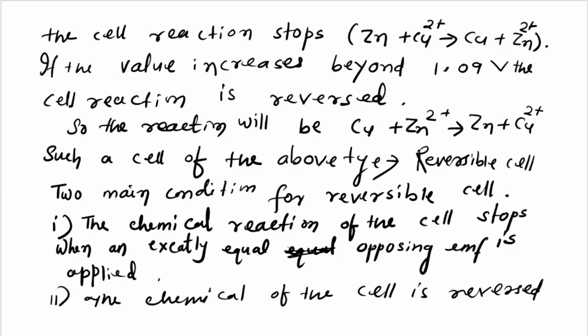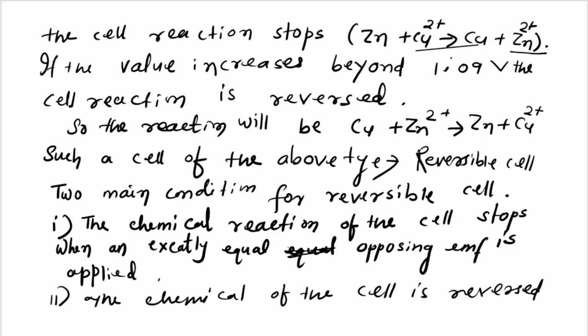Zinc as anode, copper as cathode: Zn plus Cu2 plus, zinc loses electrons and changes to Zn2 plus, and Cu2 plus after gaining electrons changes to Cu.